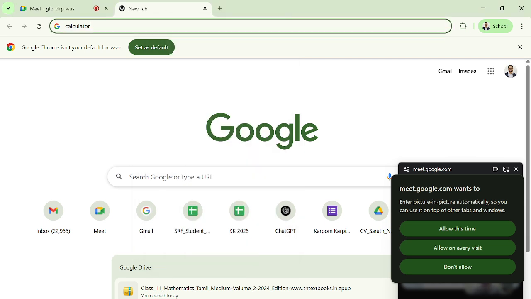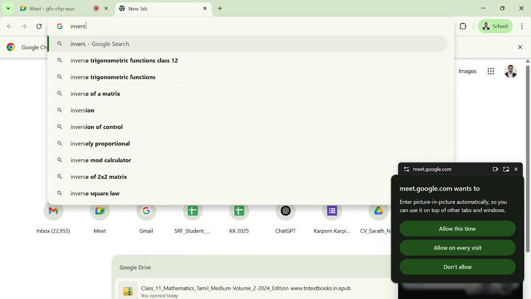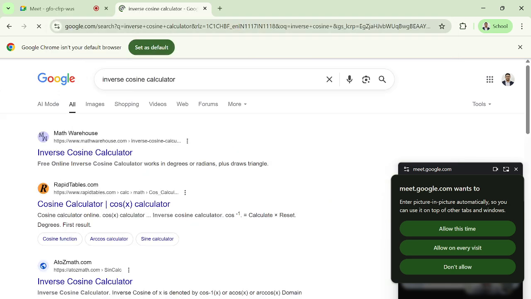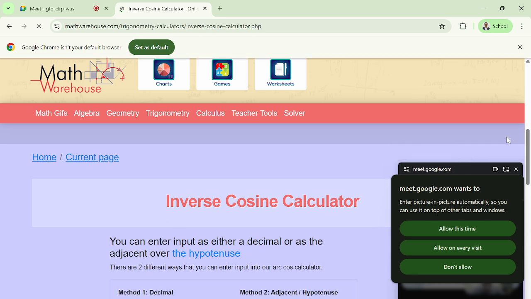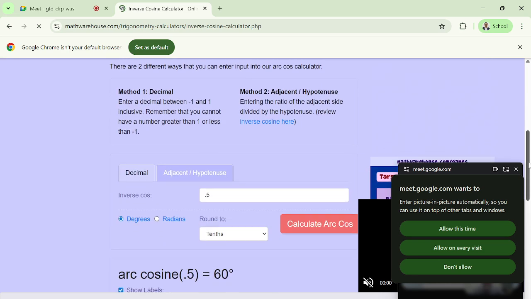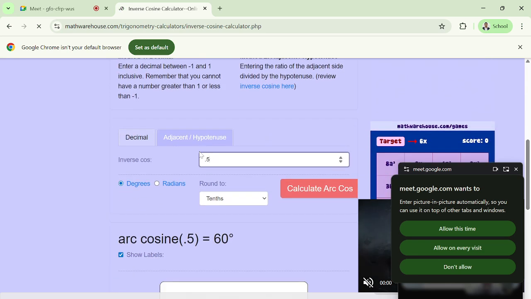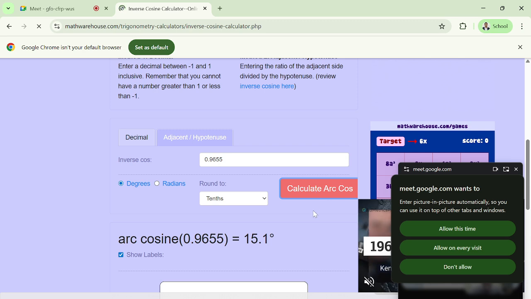Using the inverse cosine calculator, cos inverse of 0.9655 is 15.1 degrees.